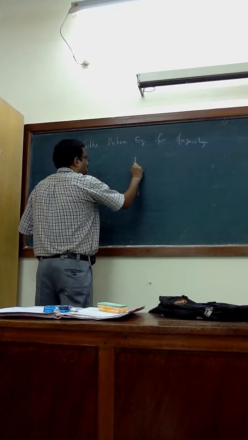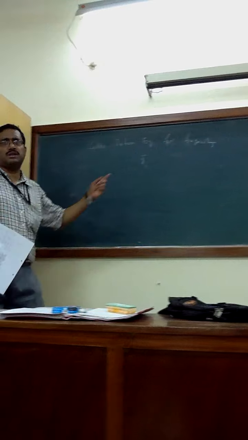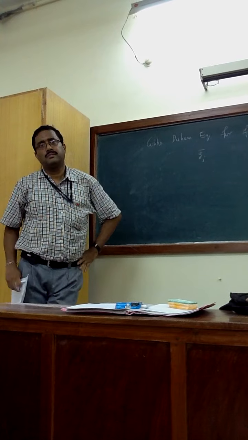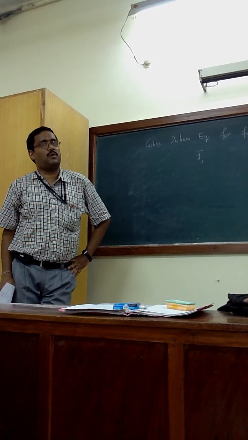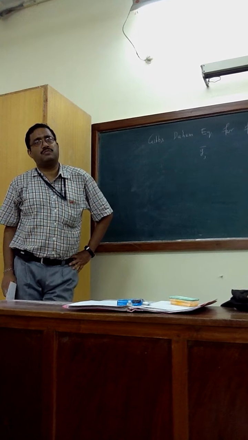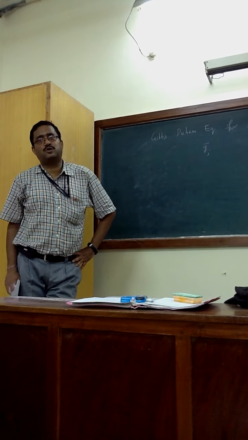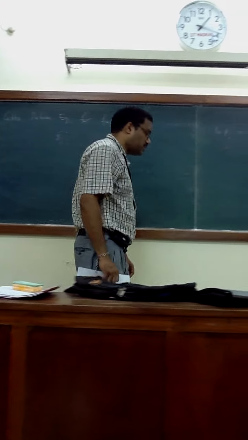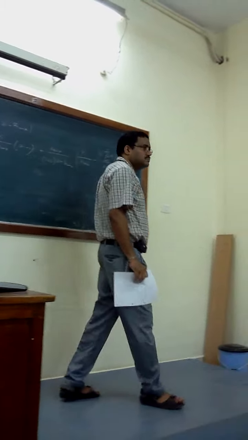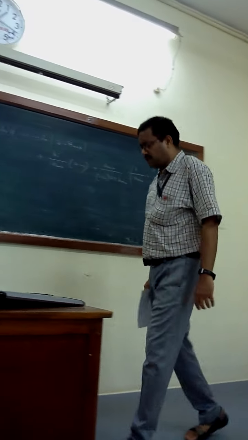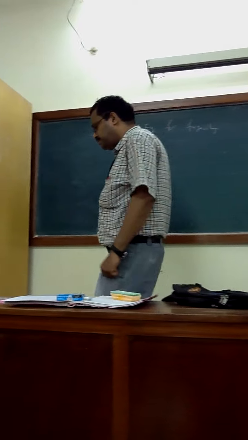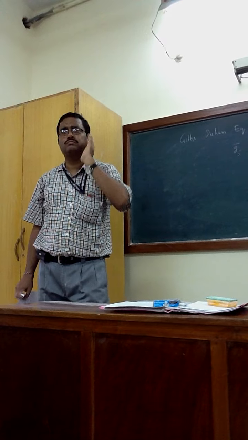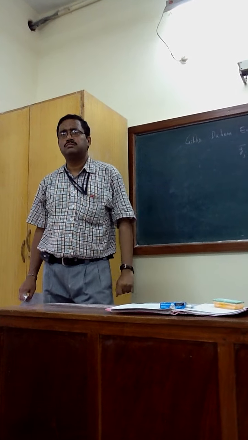If Gj bar is the partial molar Gibbs energy, what will be the Gibbs-Duhem equation for Gj bar? Any idea?